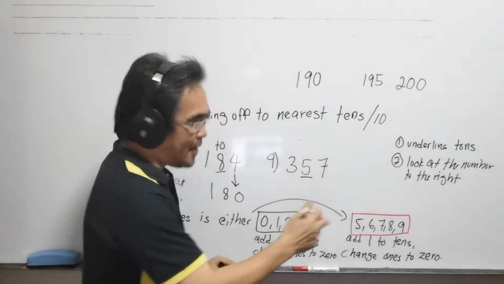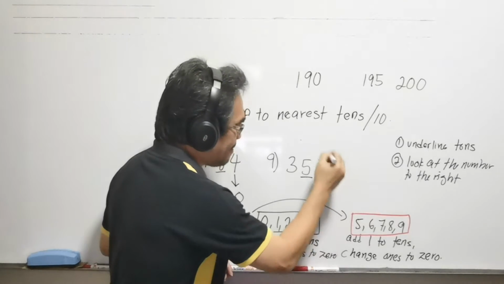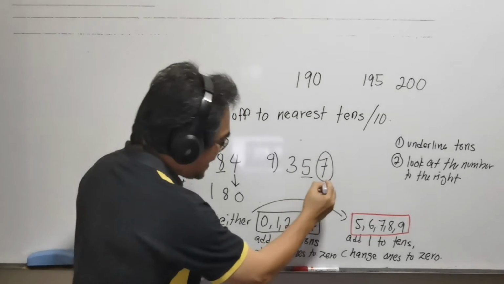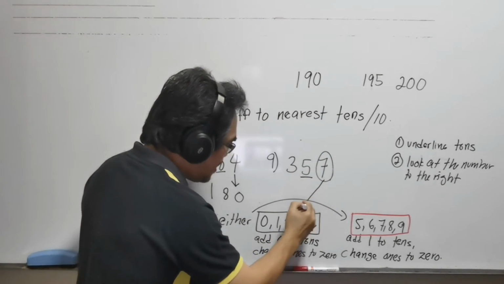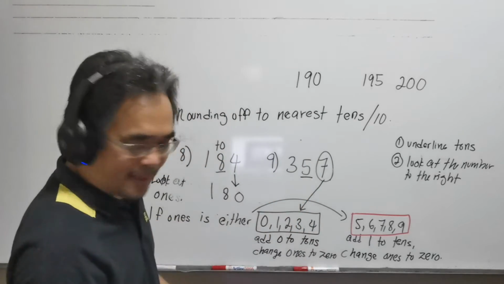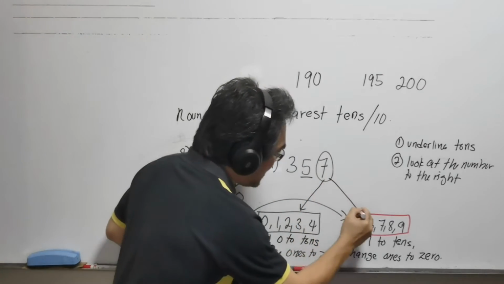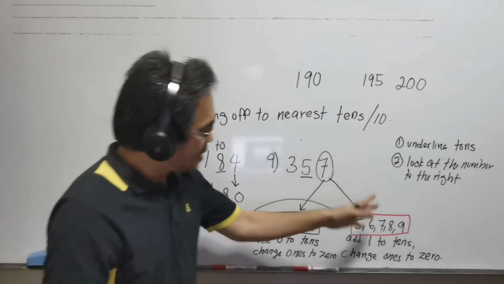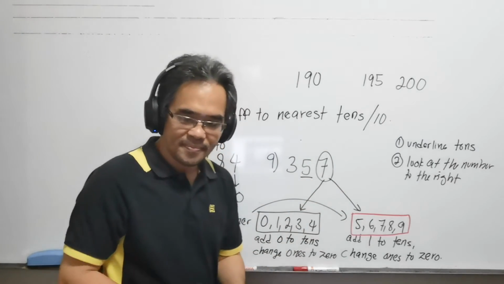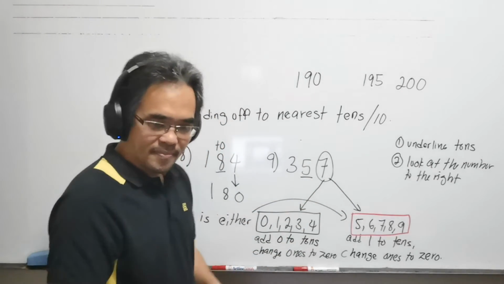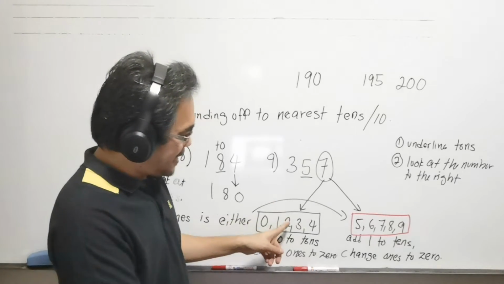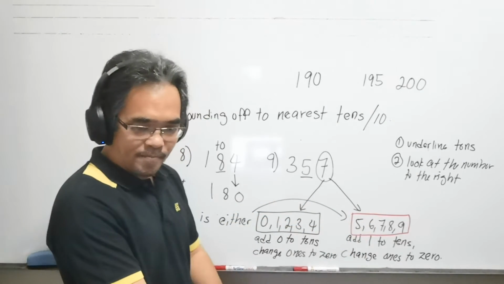Which number to the right is this? Is it in the black rectangle or is it in the red rectangle? Is it here or is it there?